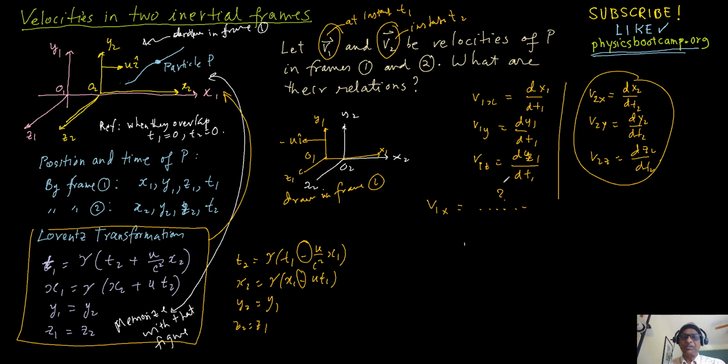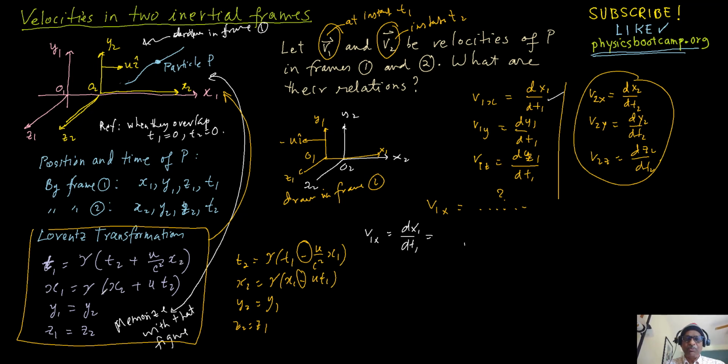And you probably see that right away I could start with v1x equals dx1 over dt1 by the definition, and then I will say, well, this x1, I can take a derivative with respect to t2, and then write dt2 in terms of this.